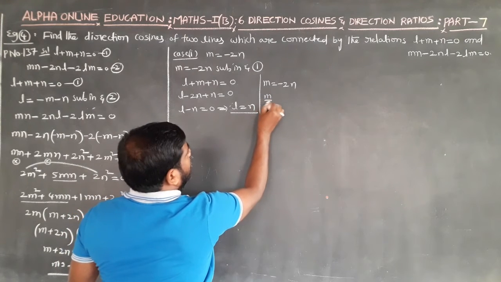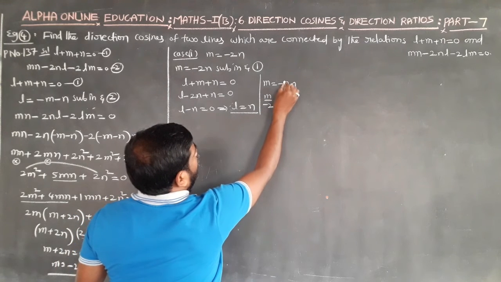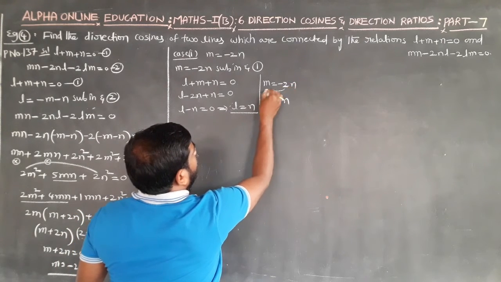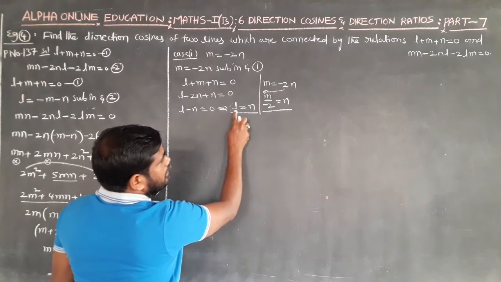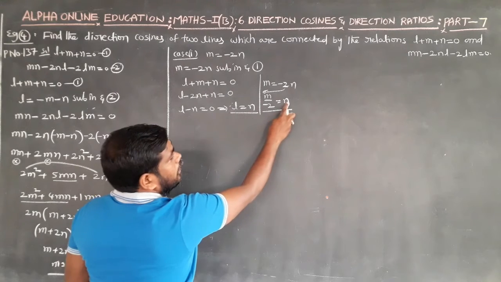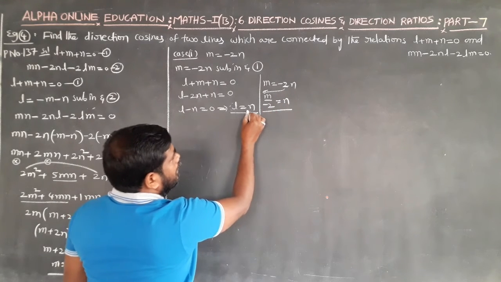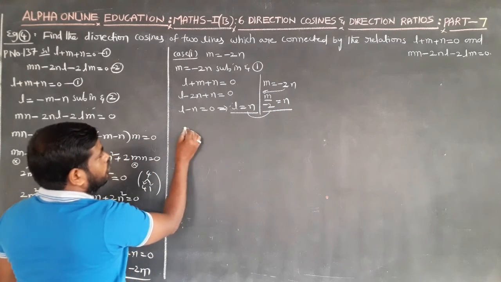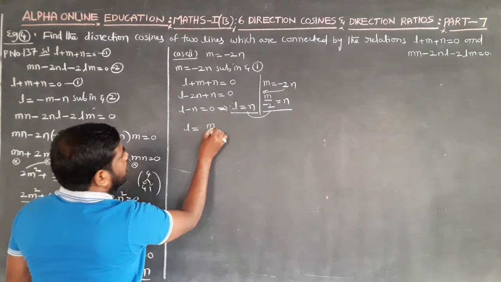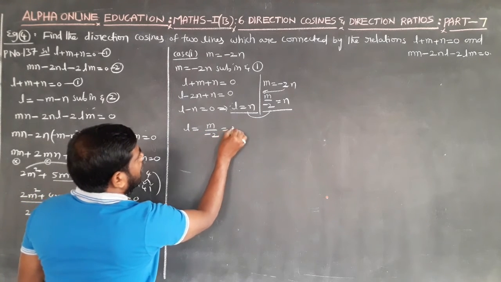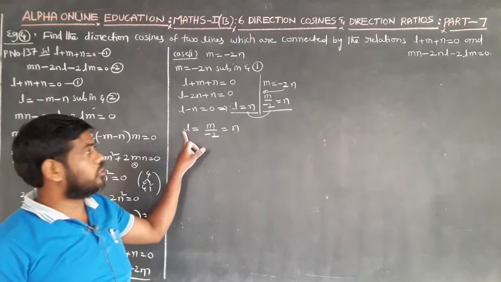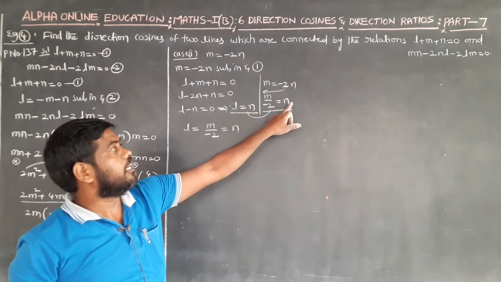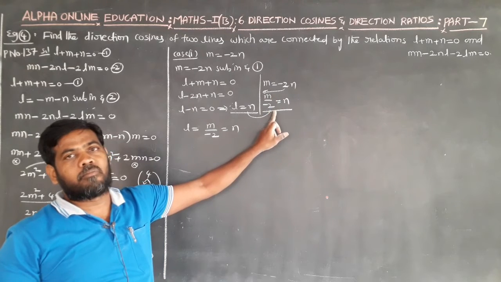Here m by minus 2 is equal to n. L is equal to n, and n is equal to minus m by 2. So write down L is equal to m by minus 2 is equal to n.